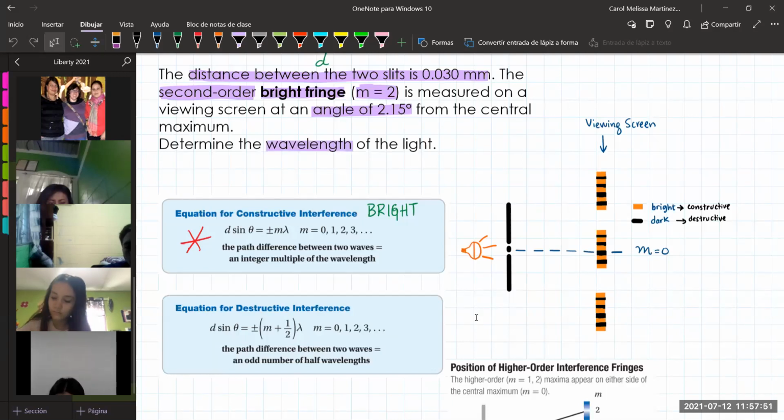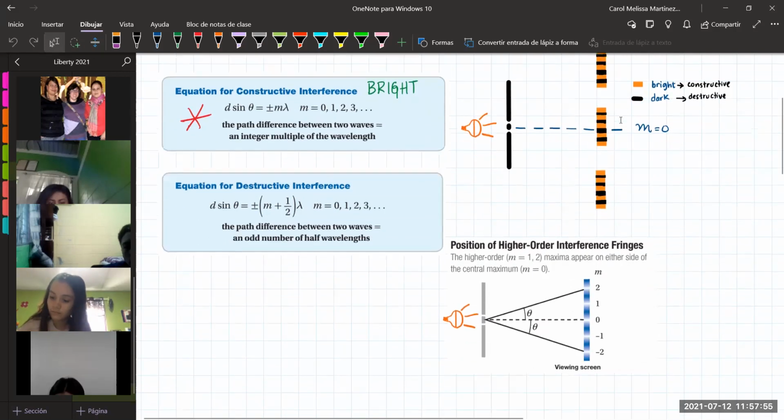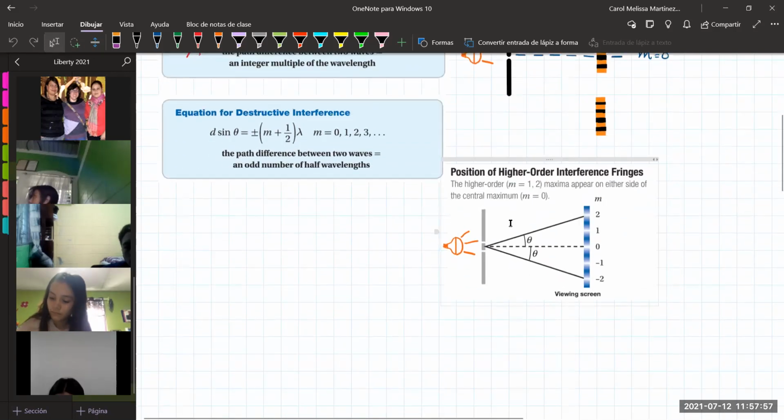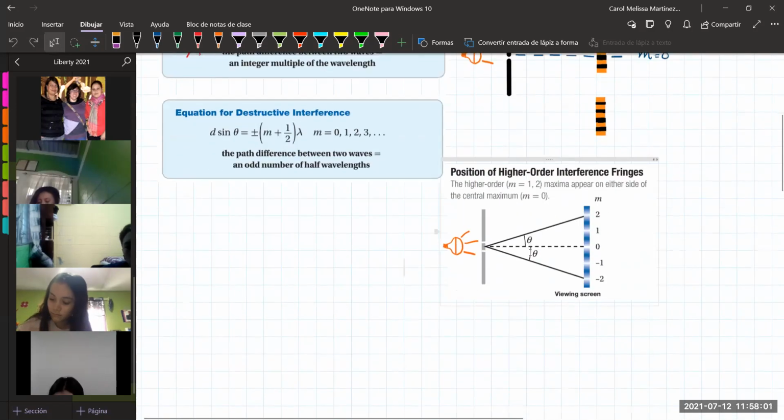So all I do is sketch the problem like I did here, or you can use this general sketch to draw it. I put my light source right here, and I will find the second bright fringe measured from the center. The center is my fringe 0.